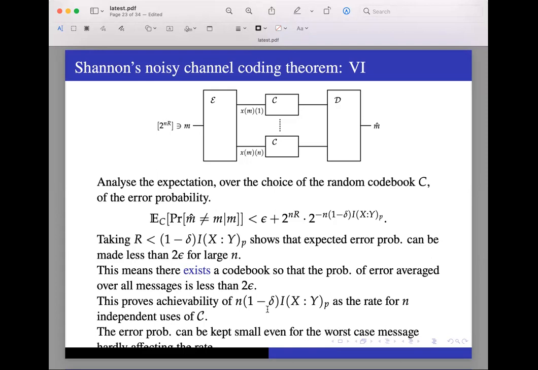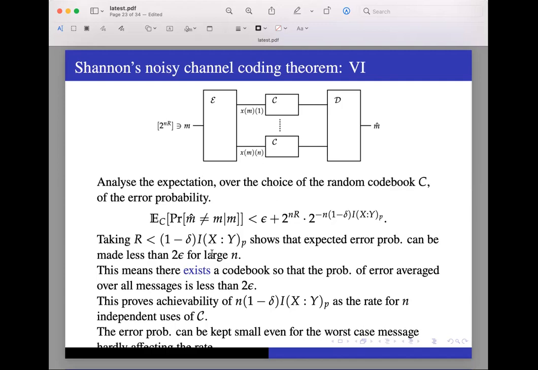And it turns out that the error probability can be kept small even for the worst case message by a small sacrifice in the rate. People who have seen the standard information theory course call this the expurgation of the codebook, but in this course we will not bother with the expurgation so much. You can throw away those messages whose decoding error probability is too high.